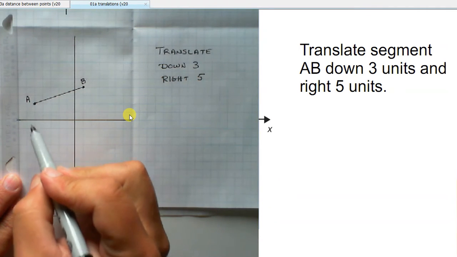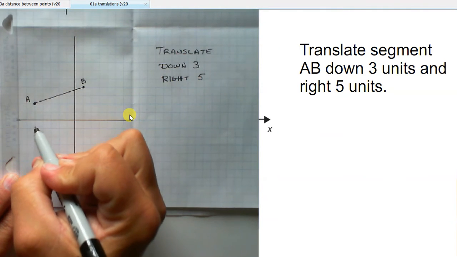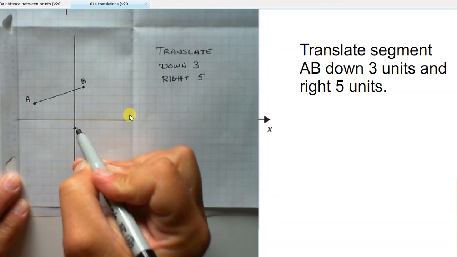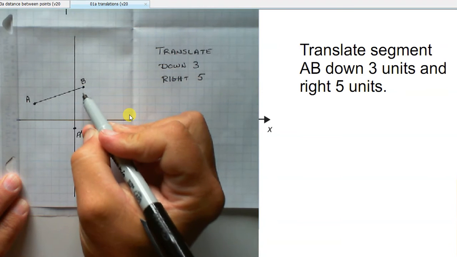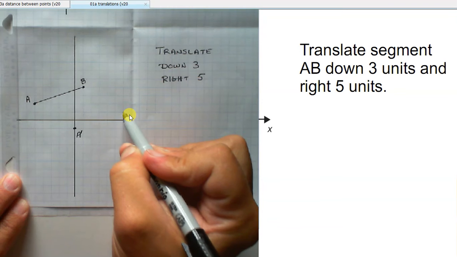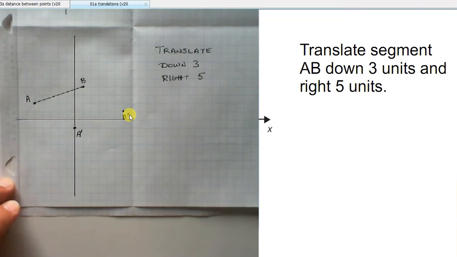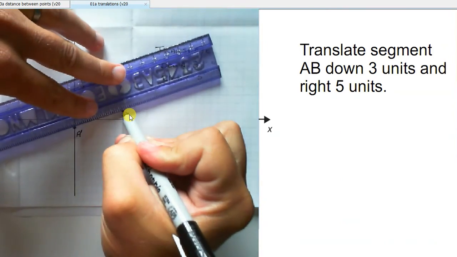I take A, I go down 3, right 5. I take B, I go down 3, right 5. Down 3, 1, 2, 3, right 5, 1, 2, 3, 4, 5. There is A prime. B goes down 3, right 5. And there is B prime. And that is my translated line.